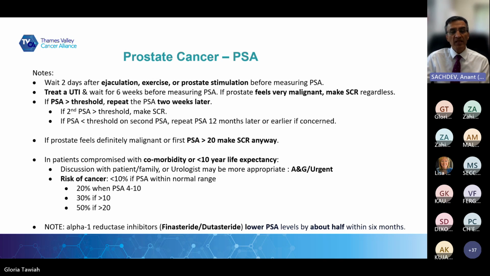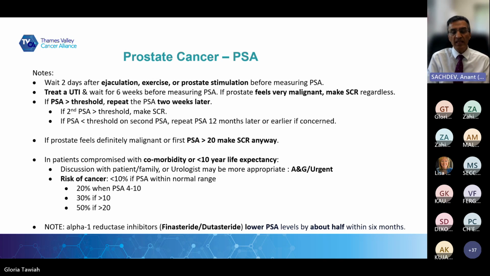But if the PSA is just over threshold but less than 20, then repeat the PSA 2 weeks later. And if the PSA is greater than threshold, make the referral. If it's less than threshold on second PSA, repeat the PSA 12 months later or earlier if the symptoms are progressing or you're alarmed in any way at all. Clearly, as I said, if the PSA is over 20, make the referral.